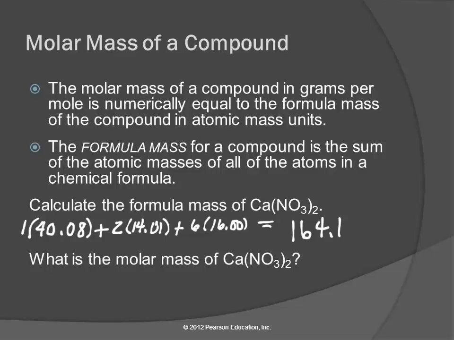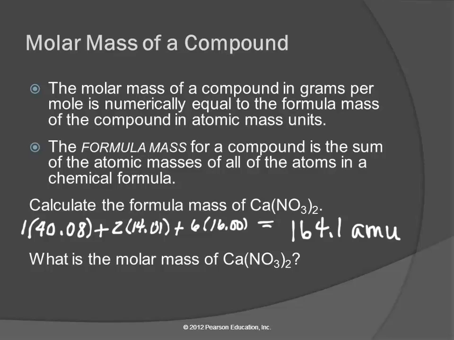So when we were calculating the formula mass, we were talking about a formula unit. And so if we have 1 formula unit of calcium nitrate, it weighs 164.1. What's the unit? Atomic mass units.